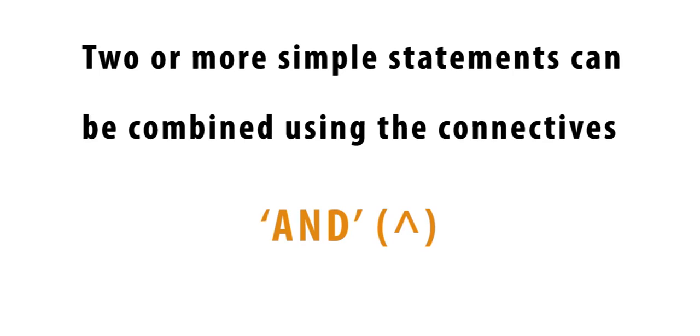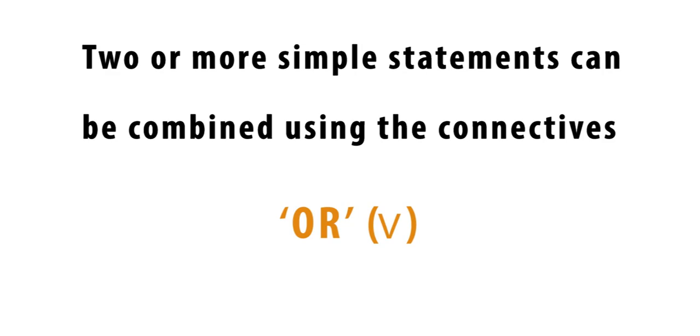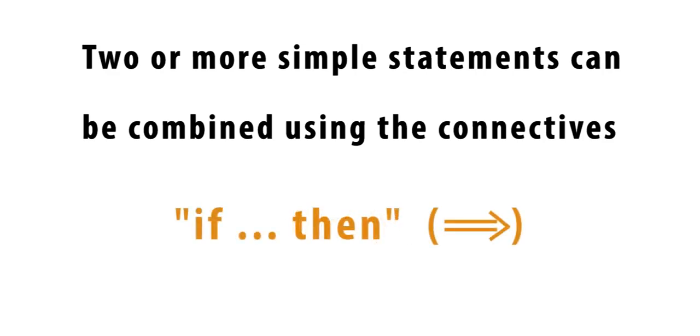We can also use the connective OR, and that symbol is a V. Another connective we can use is if so and so happens, then so and so will happen. That is the if-then statement, and it is represented by the implication sign.